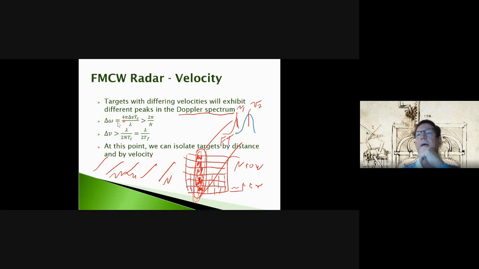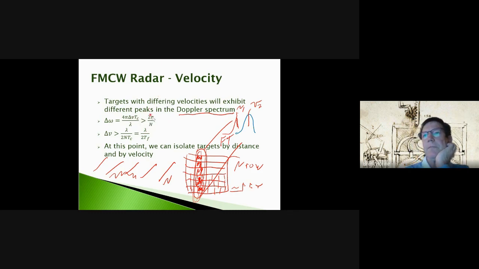So if we're able to resolve delta omega in this Doppler spectrum, then we can resolve that small difference in the velocity. We can tell whether someone's going 55 miles an hour or 70 miles an hour, right?